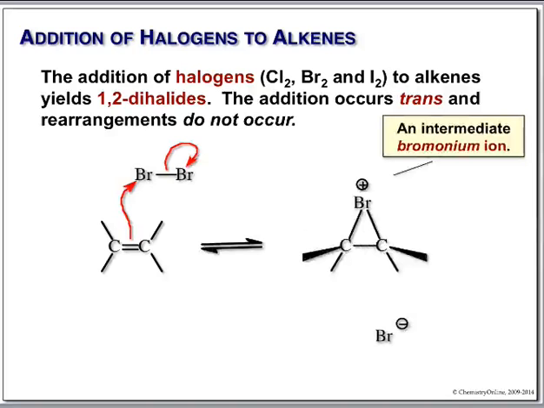When they do, we'll split off Br minus, and here we have our bromine sitting on top of our pi system. Bromine is split into Br plus and Br minus, and the Br plus, just like H plus, is sitting on the pi system. This is what we call the bromonium ion intermediate.